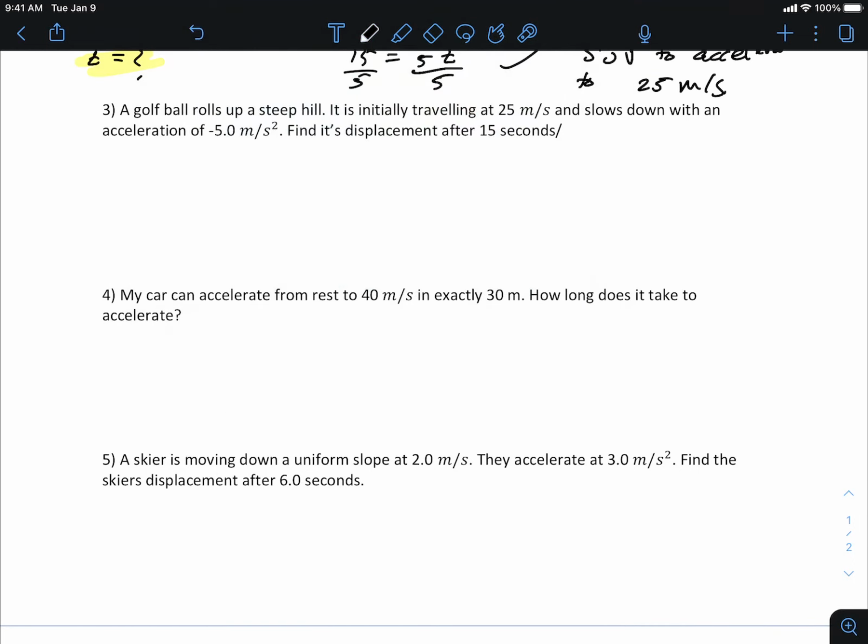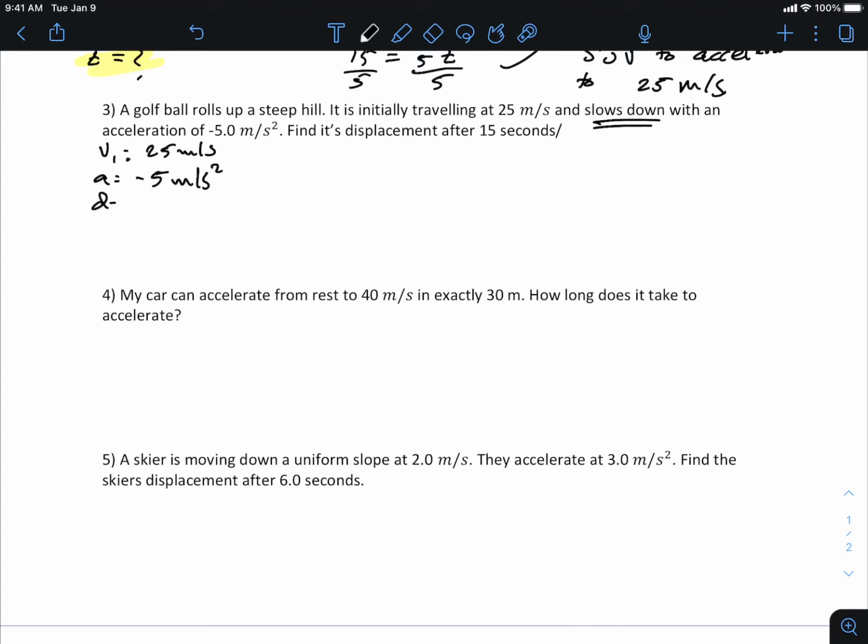Okay. A golf ball rolls up a steep hill. It's initially V1, 25 meters per second, and slows down at that rate, and then find its displacement after 15 seconds.